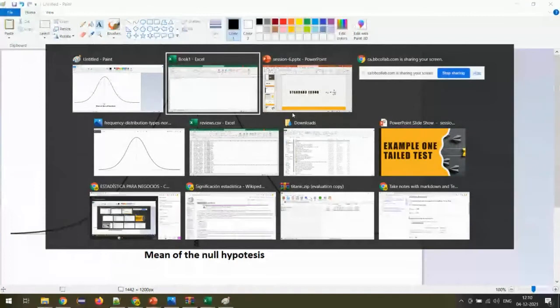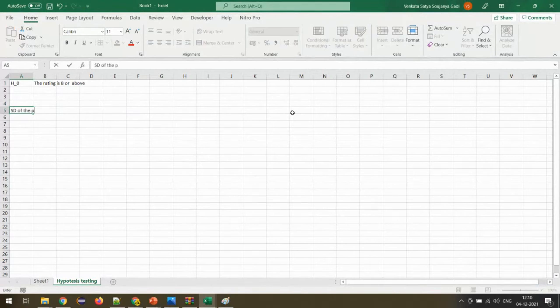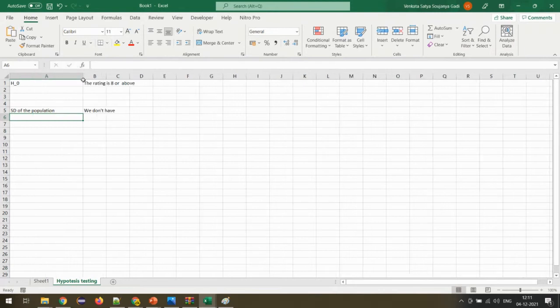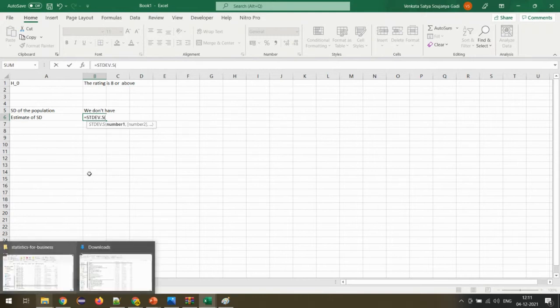Now we want to know the standard deviation, so we calculate the standard deviation of the population. We don't have it. So what we can do is estimate it, which is the standard deviation of all the samples we have.